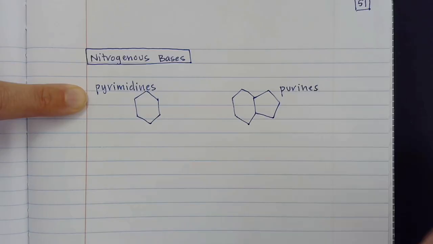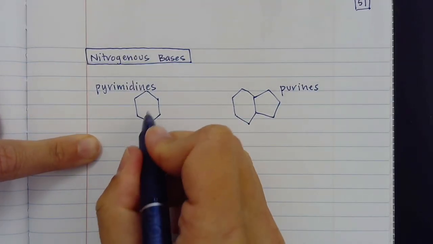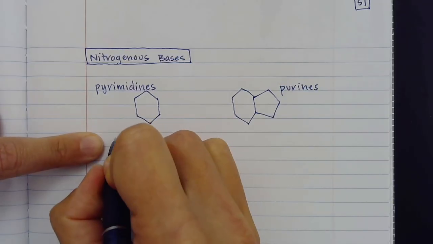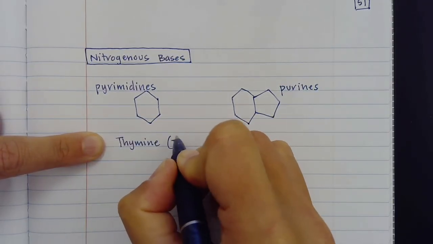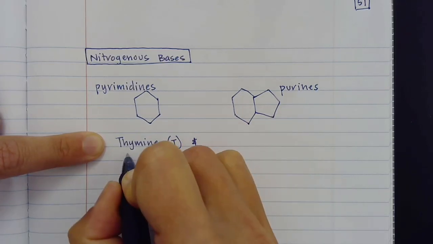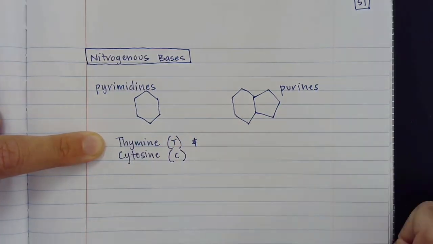And this is a vocab word that you're just going to need to know. The 2 nitrogenous bases that are pyrimidines are thymine, which we call T, and cytosine, which we call C. There are two that are purines.